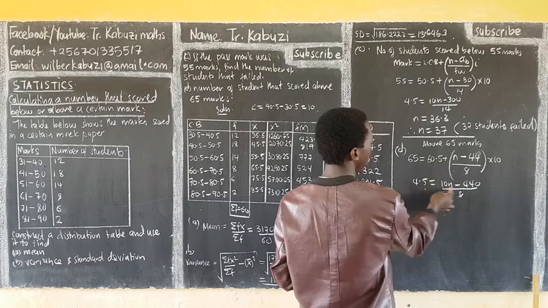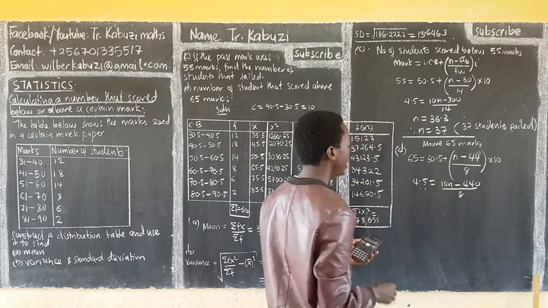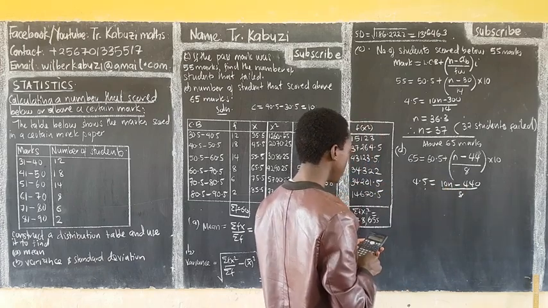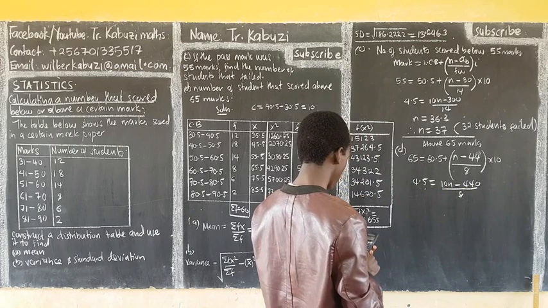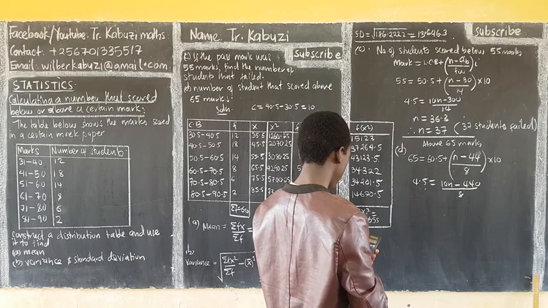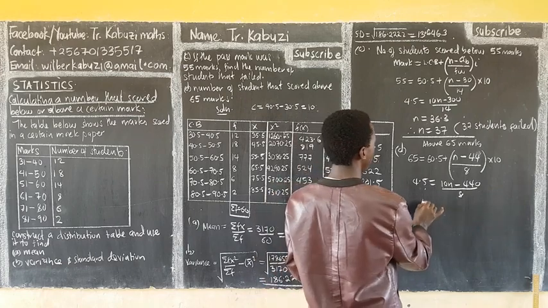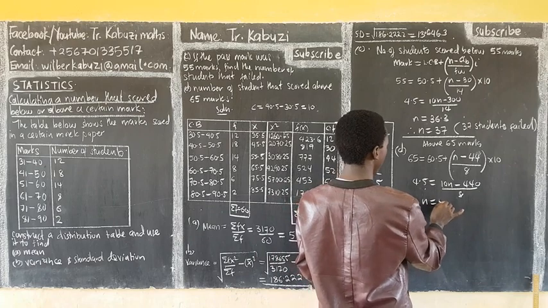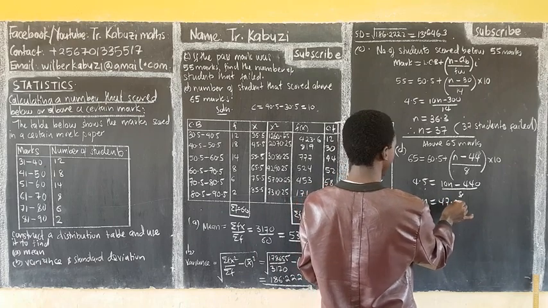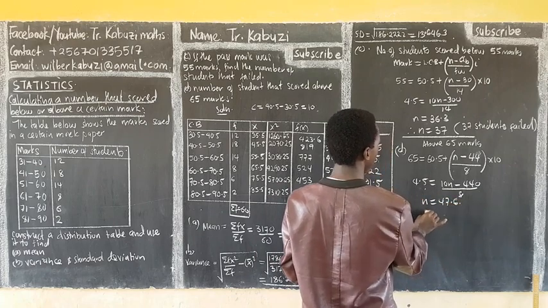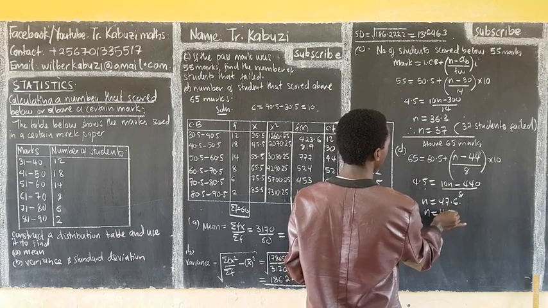So multiply this there, you take this, then you divide by 10, times 8, plus 440, divided by 10. So my n here is going to give me 47.6. Now here my n will be 48.